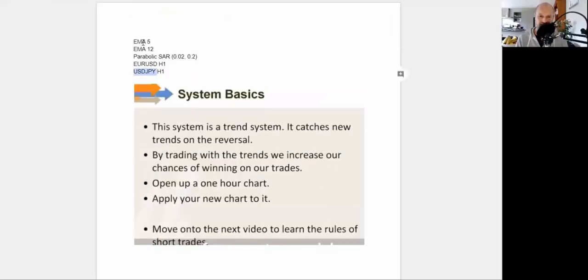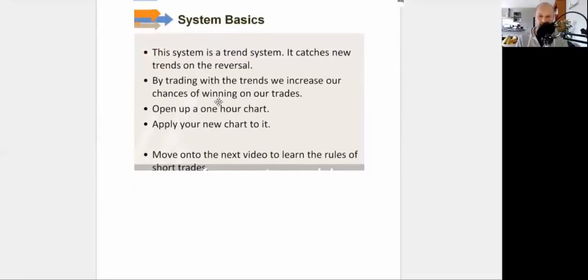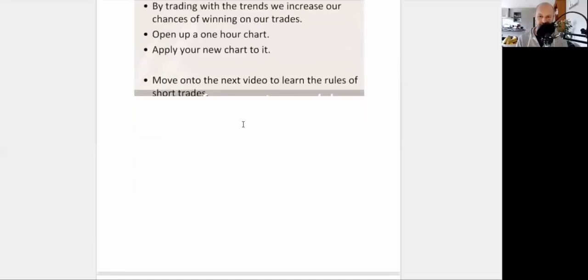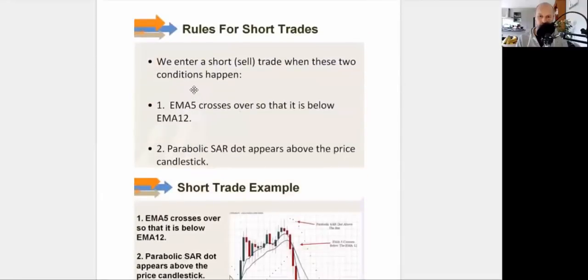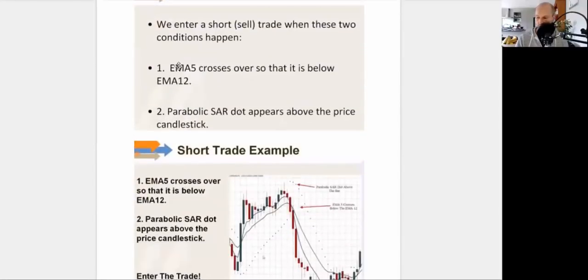And we've got settings here, EMAs 5 and 12, and parabolic SAR, bog standard basic default settings. So basically a sort of trend trading system. Rules for a short: the 5 EMA crosses over the 12 EMA, and the parabolic SAR dot appears above the price candlestick.